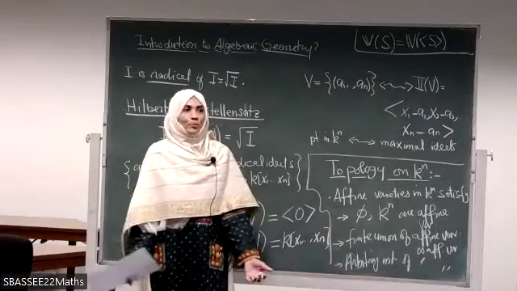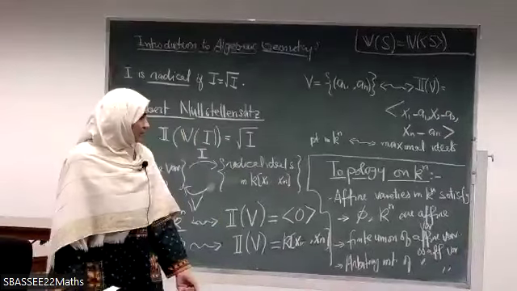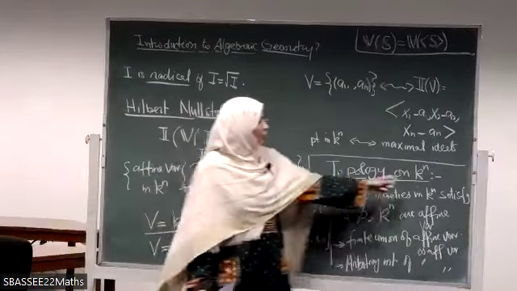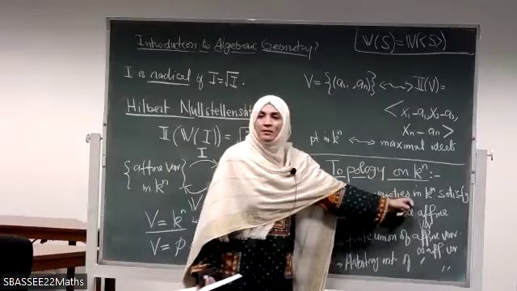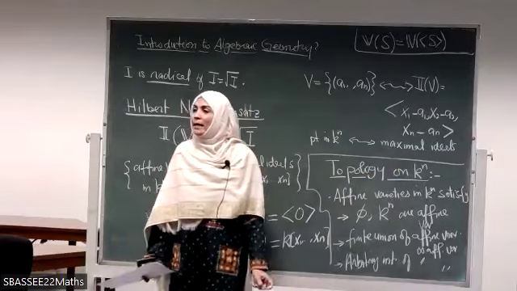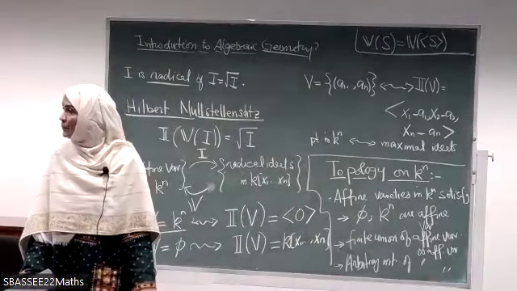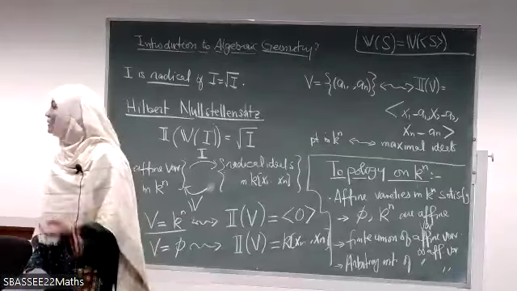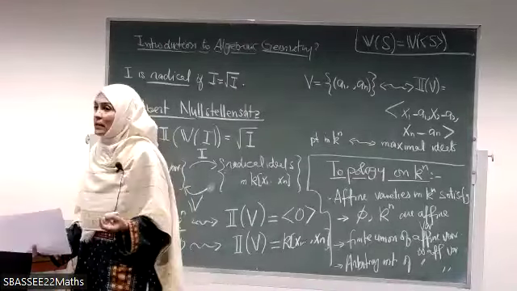And if you know some basic definition of topology, this says that we have a topology on K^n, where closed sets are nothing but affine varieties. So I can define a topology on my space through these algebraic affine varieties, which are nothing but the closed sets.